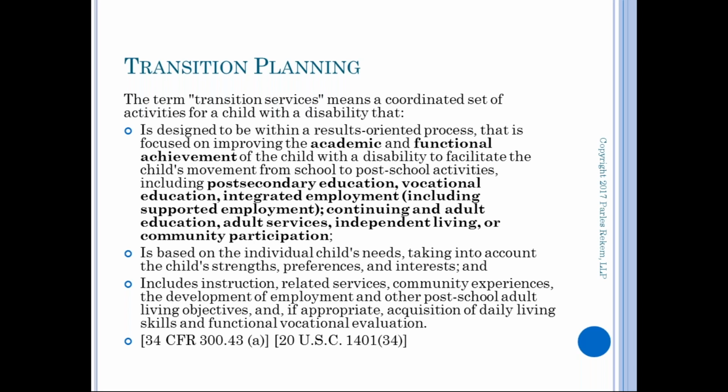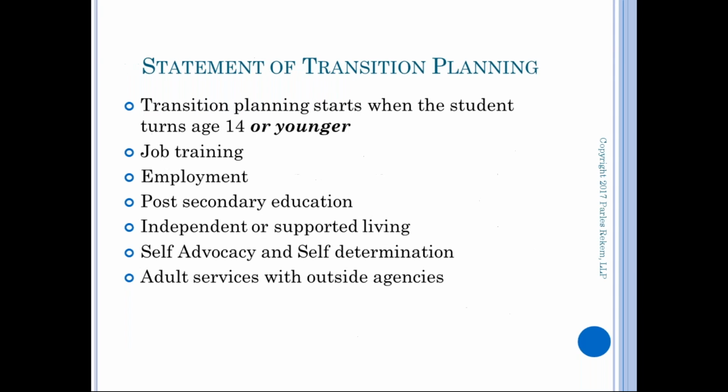Post-school activities are like your post-secondary education, which could be a 2-year or 4-year college, or a vocational education. It could be work, it could be adult services, it could be independent living, it could be a number of different things. And every child is unique, and therefore, the statement under transition planning is going to focus on the course of study that this student is going to follow so they can achieve their post-school goals.